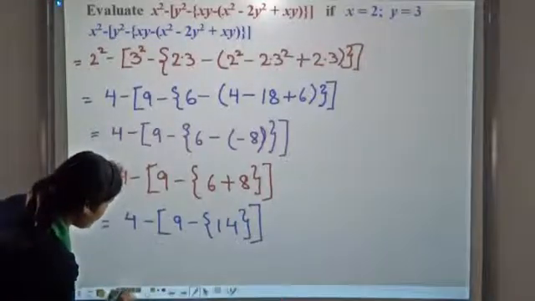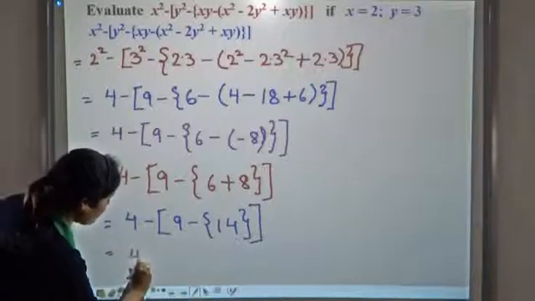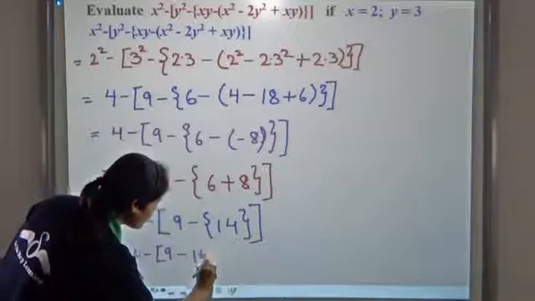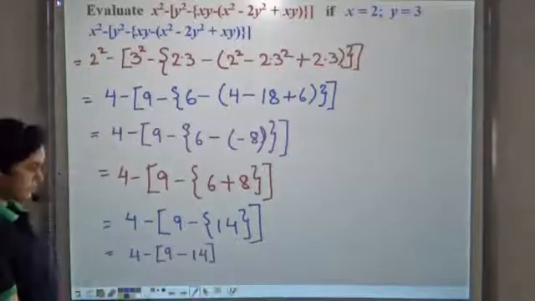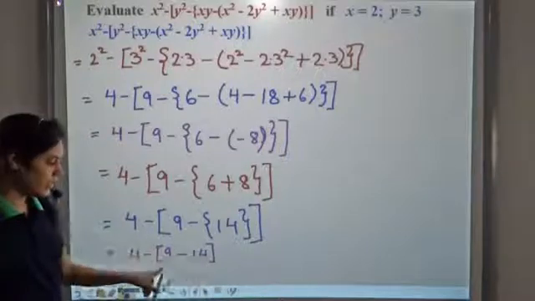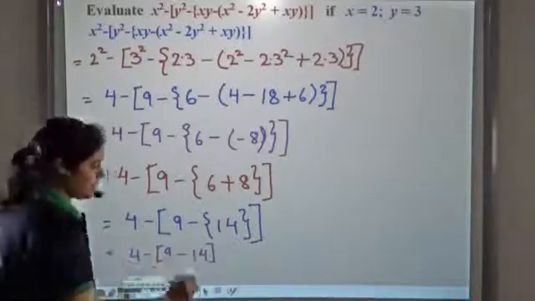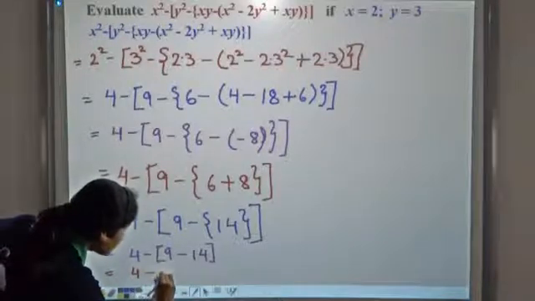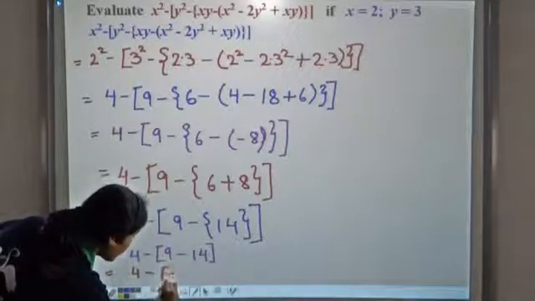So we have 4 minus 9 minus 14. Now 9 minus 14 is negative 5. So we have 4 minus negative 5.